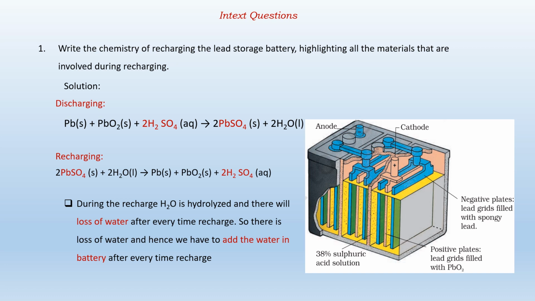Lead sulfate will be converted into lead, right? Another important thing is that here you will add water, because during the recharge the water molecule will be converted into sulfuric acid, and at that time the water will hydrolyze. That is, there will be a loss of water, and you have to add water, right?